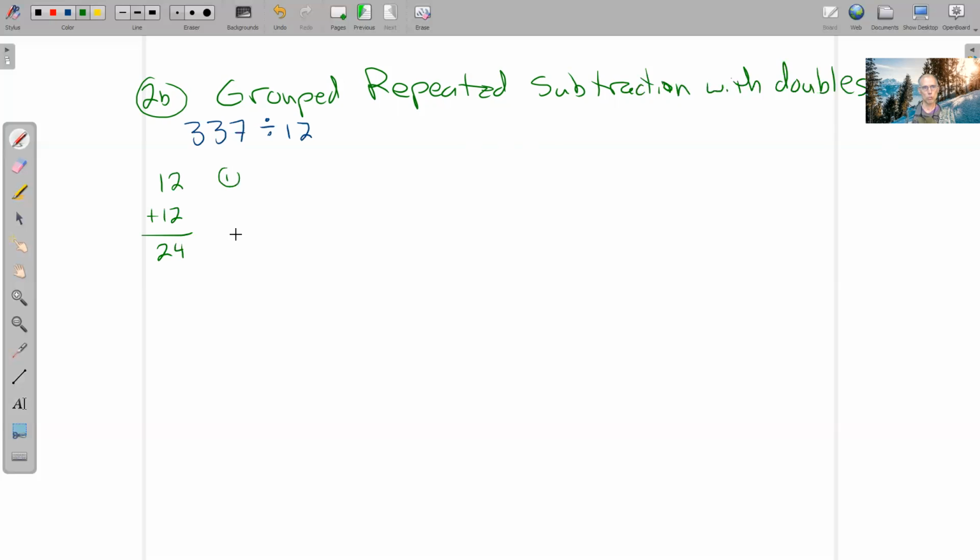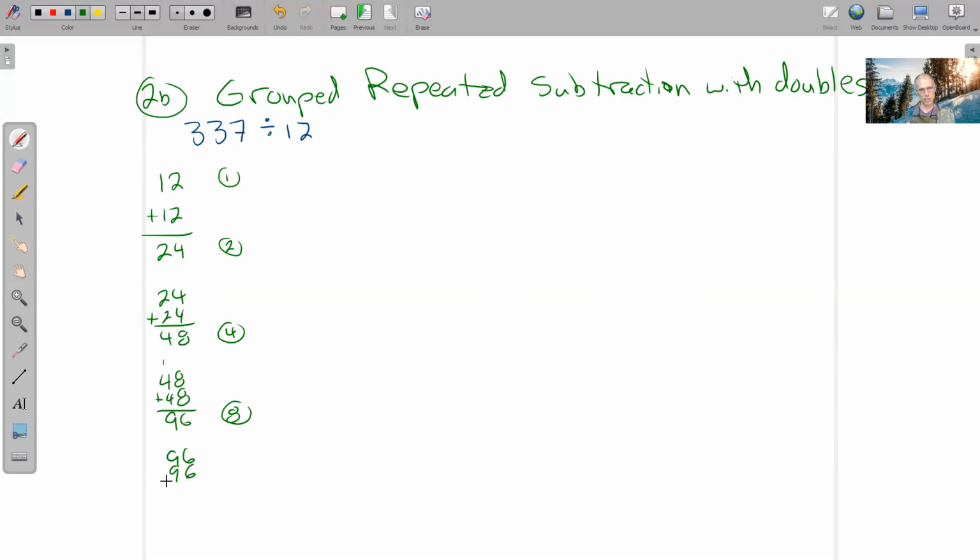So there's one group of 12, here's two groups of 12, and then I would say, okay, 24 plus 24 is 48. So that would be 4 groups of 12, and I keep going. 48 plus 48, 8 and 8 is 16, 96. That would be double 4, 8 groups of 12, and then we go again.